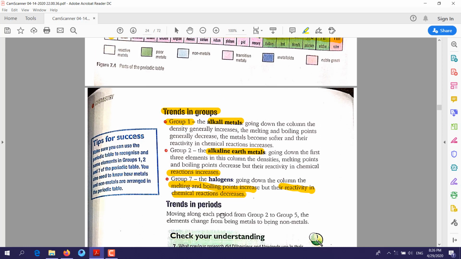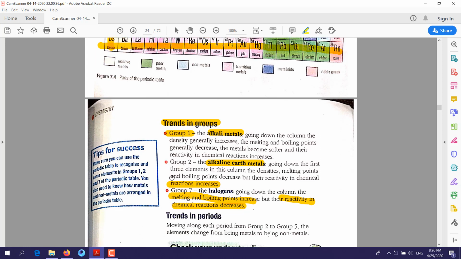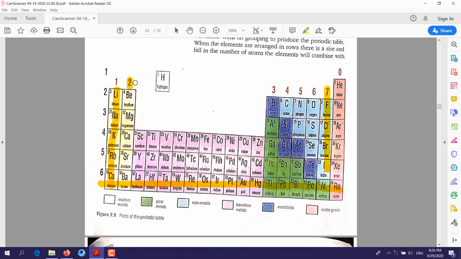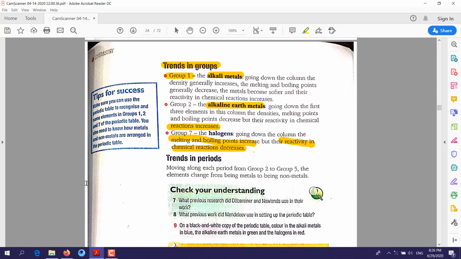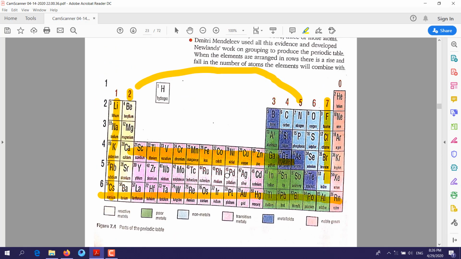Moving along each period from group number 2 to group number 5, in this row, what will happen? The elements change from being metals to being non-metals.